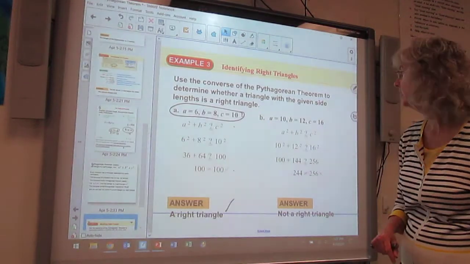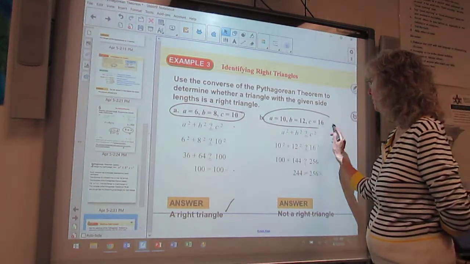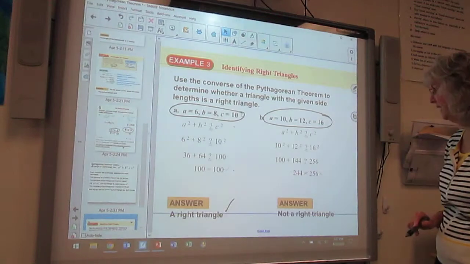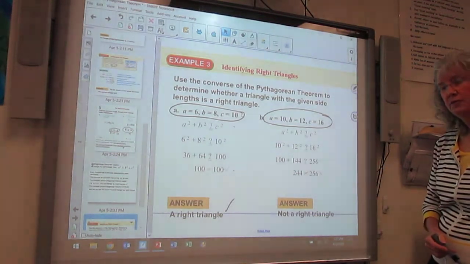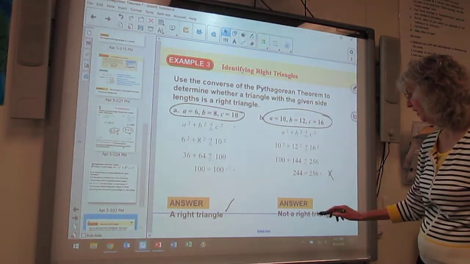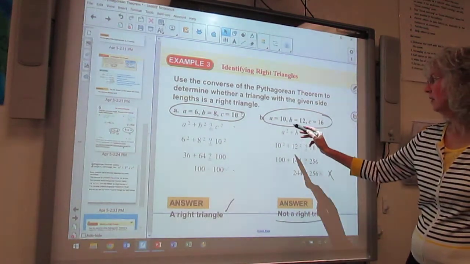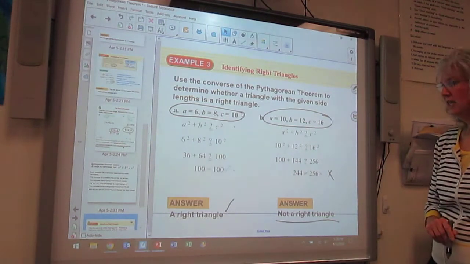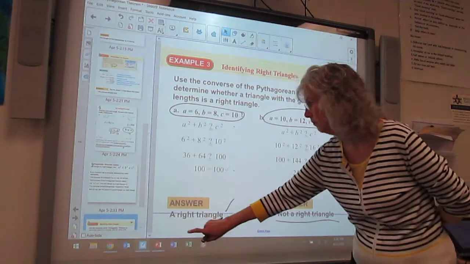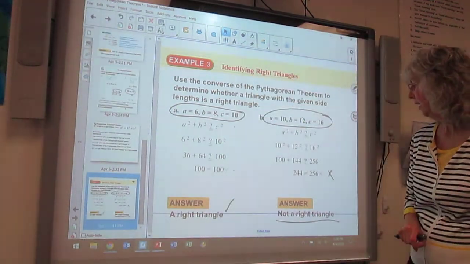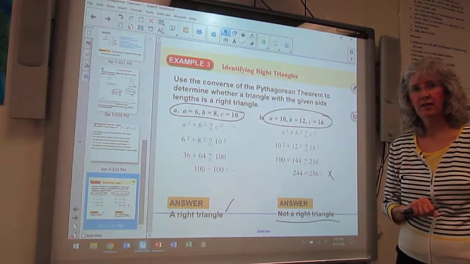And that one works. Let's plug in this one. A equals 10, B equals 12, and C equals 16. We're going to plug that in. Does it come out to a true statement? No, it does not. Therefore, a triangle with sides 10, 12, and 16 does not make a right triangle. And that's all I have for you on the Pythagorean theorem right now.